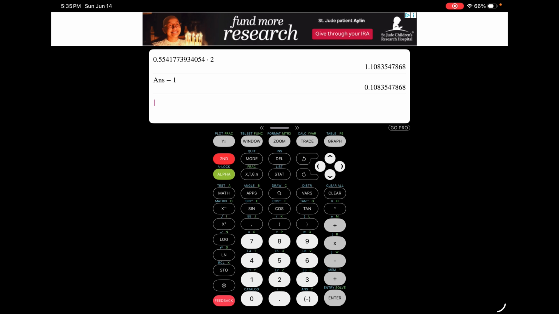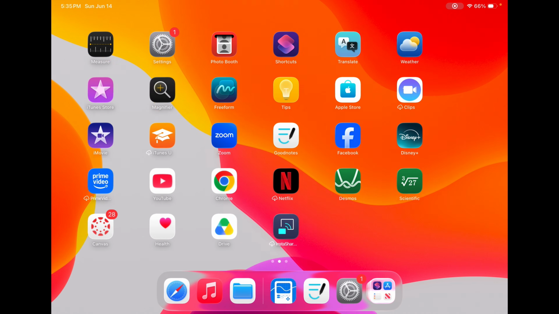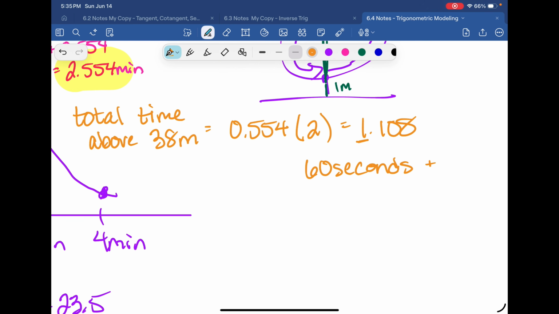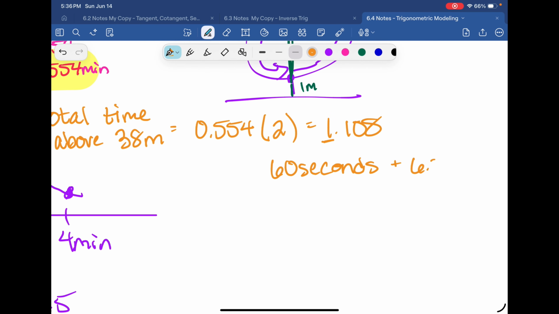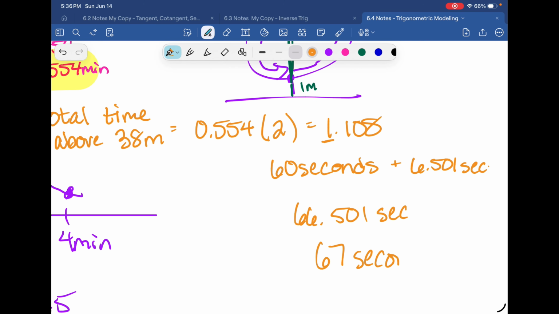And then answer times 60, 6.501. All right, add those together, I get 66.501 seconds. So it's going to be 67 seconds.